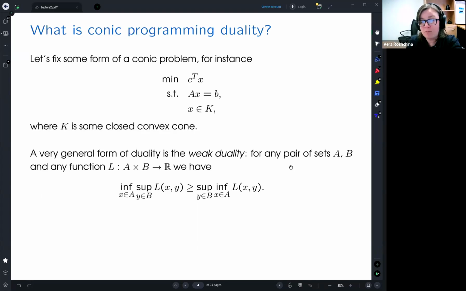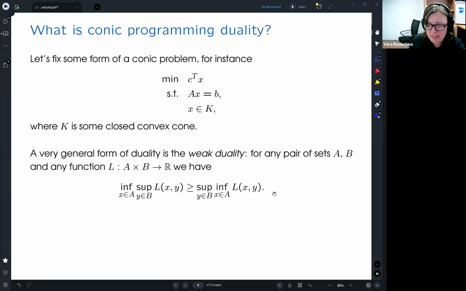So when we have one problem that is a primal problem and another problem in which we just swap supremum and infimum, how do we make sure that the values coincide? Because then we can solve the dual problem, obtain a bound for the primal problem, and we know the duality gap, so we know how close we are to the solution, if we can ensure that for a class of problems or for some particular problem, these two things coincide.